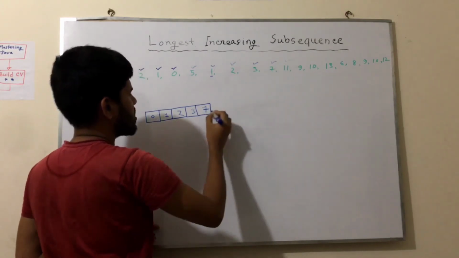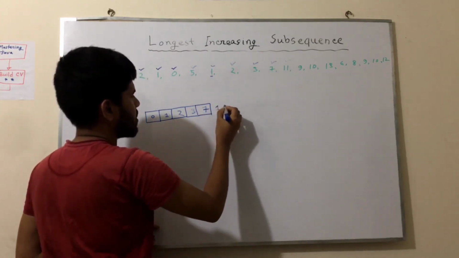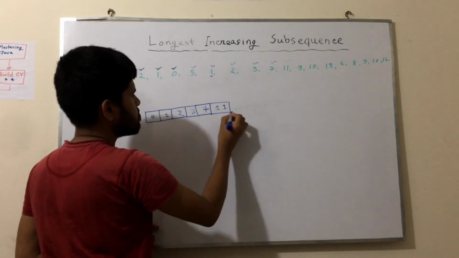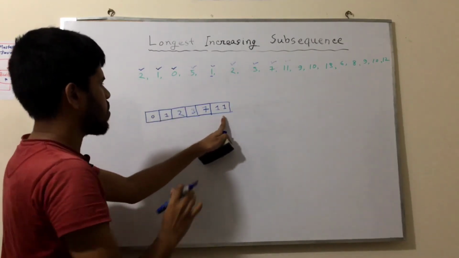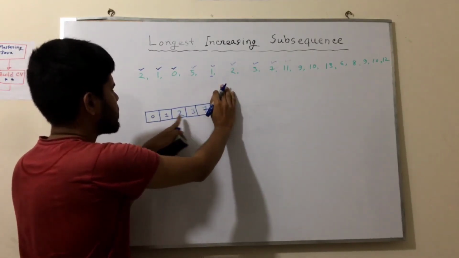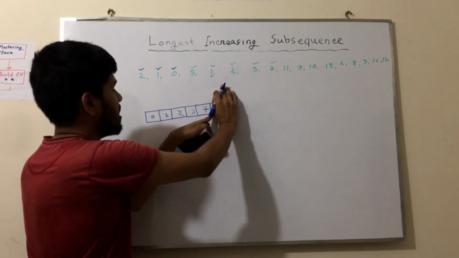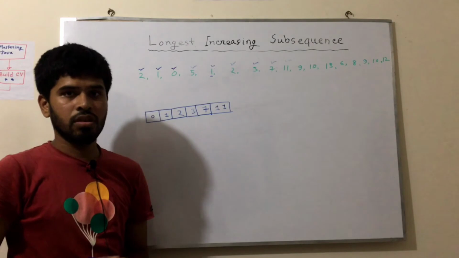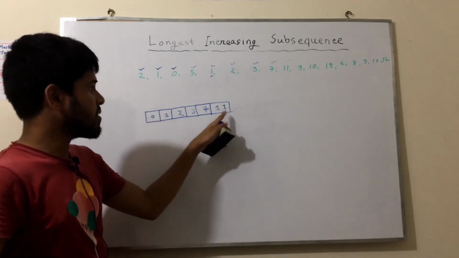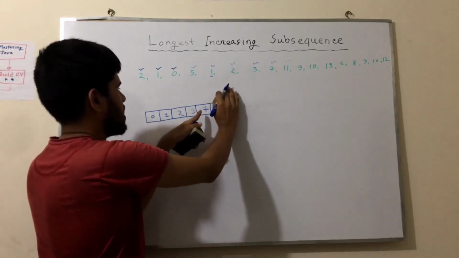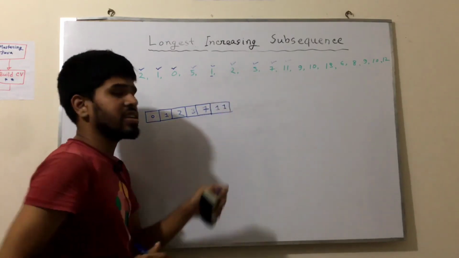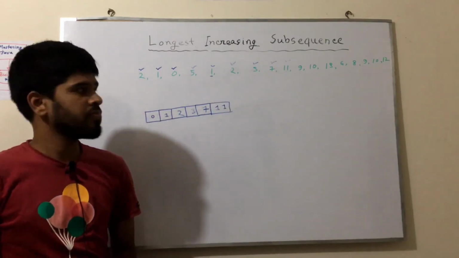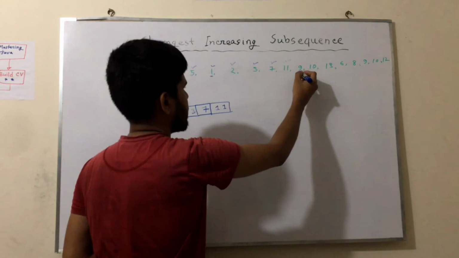Now let's move to the next. 11 is greater than 7, so let's add 11. It tells us that on the left of 11 we have at least 5 elements which are less than 11 and maintaining the relative order. Now we have 9.